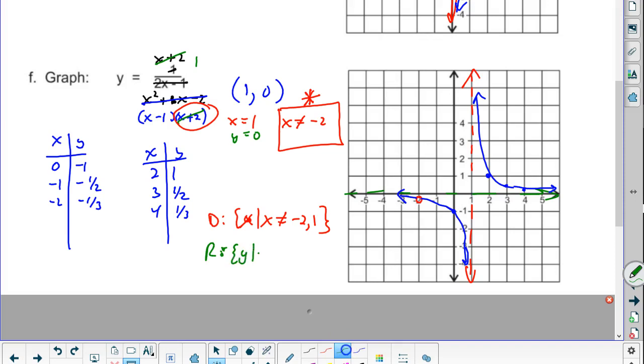Going too fast here. Set of all y's such that y. Okay, we already know y can't equal 0. That's the easy one. Okay, what y value is this? What y value is that? Right? It was an x value of -2, so it's got to be a y value of -1/3. All right. Domain and range. Okay, the last one.